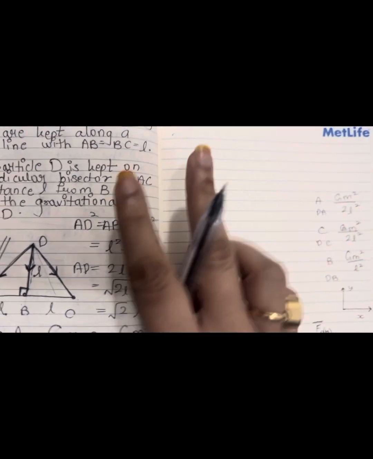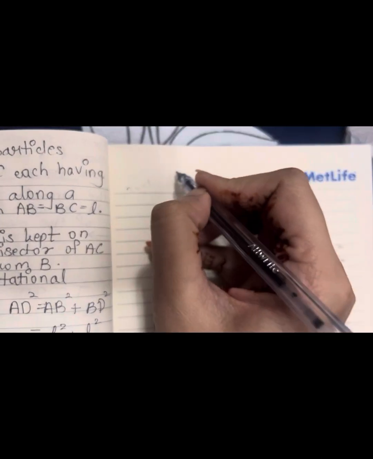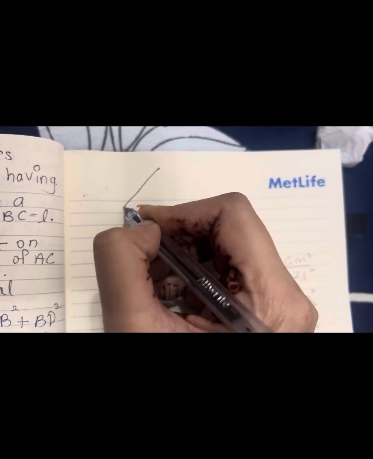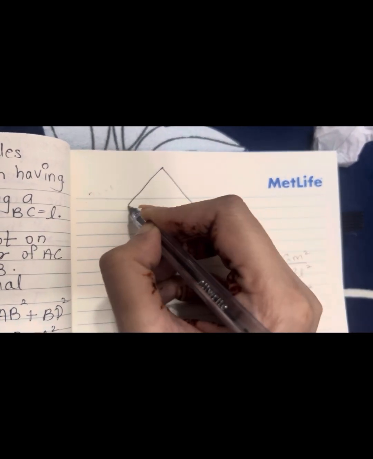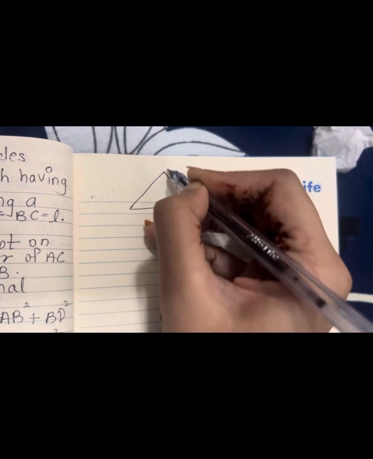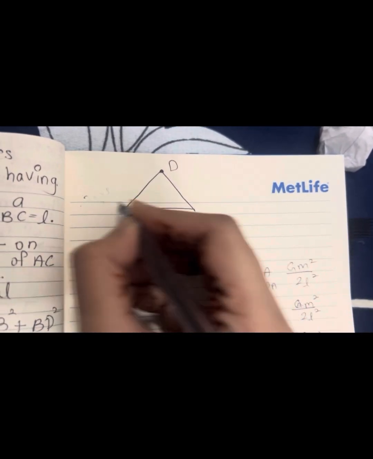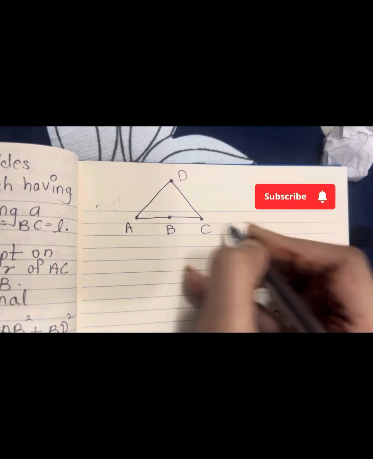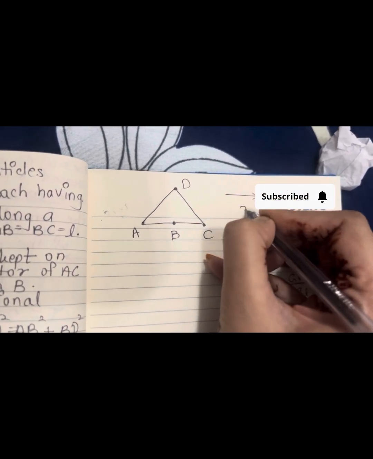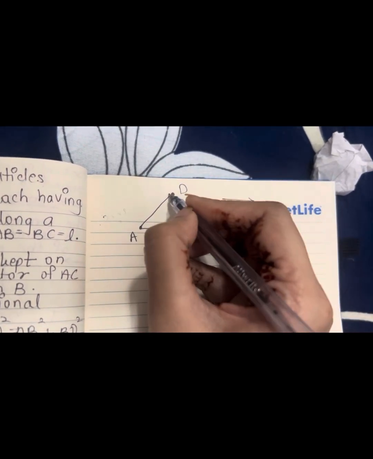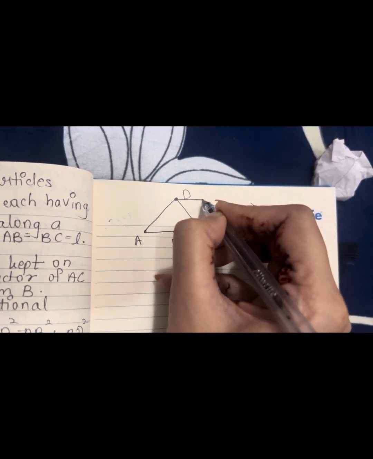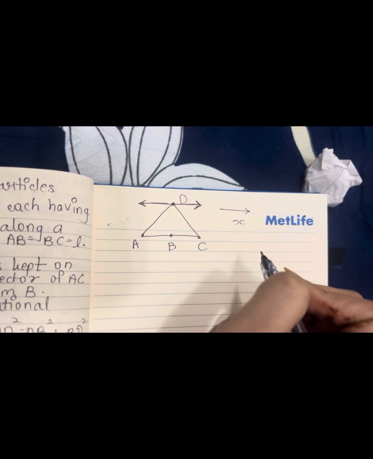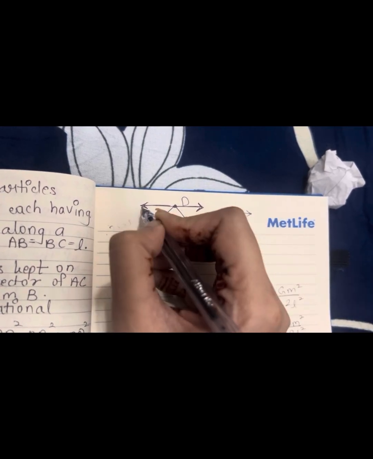We will resolve the force into two components. Let me draw the diagram over here. One along the x-axis. When I consider point D, we have two directions for the x-axis, either this side or this side.